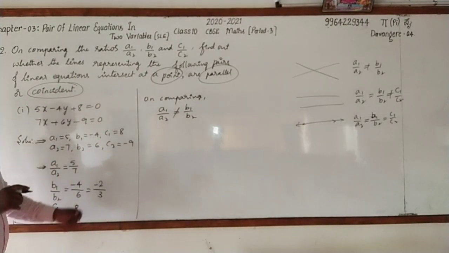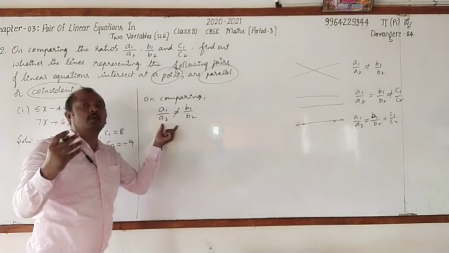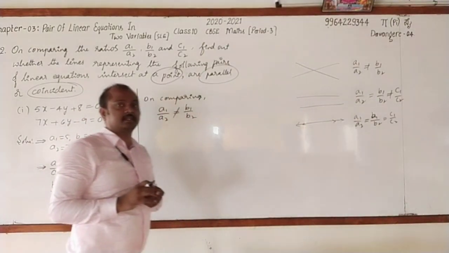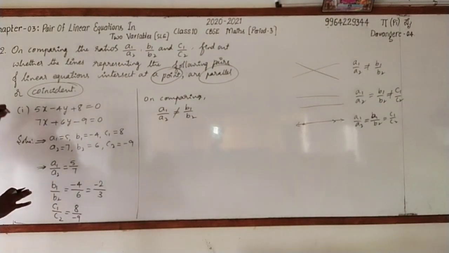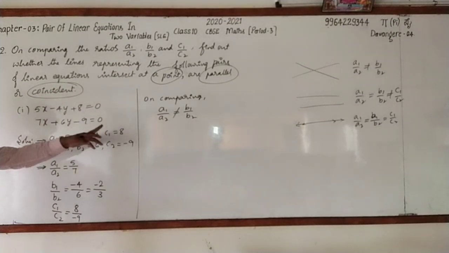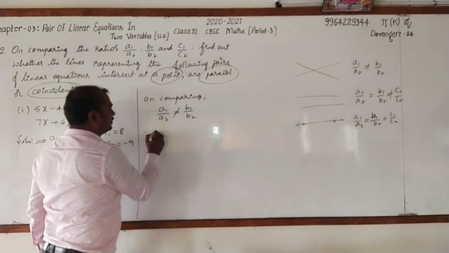Then if this condition is satisfied, what do you say about the nature of the lines? The lines will intersect each other. Clear? Observe whether the lines intersect at a point, are parallel or coincident. What can you write here?